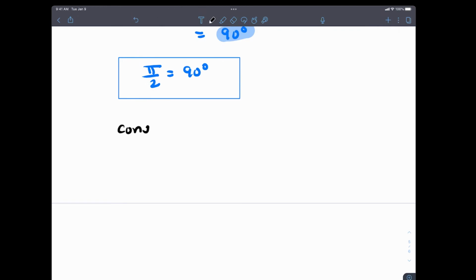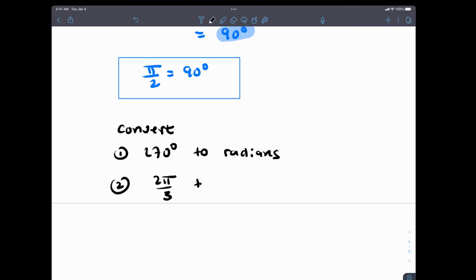I'm going to say convert. Number 1, 270 degrees to radians. Number 2, how about if we say 2 pi over 3, degrees.